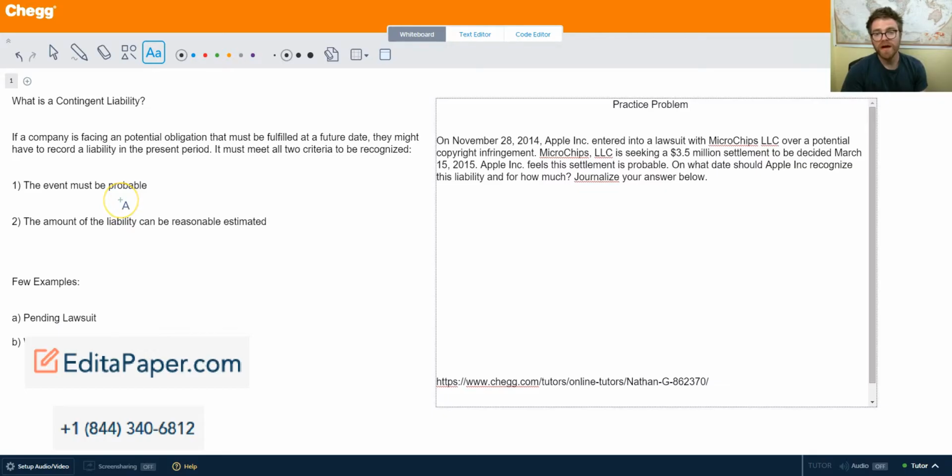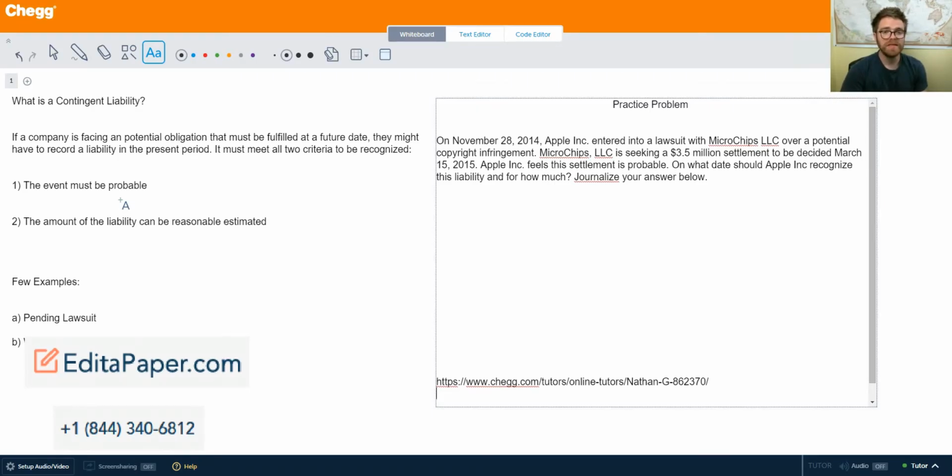Now, if the event is not probable, let's say it's what they call remote, so it's very unlikely to occur, you don't recognize any type of liability. You just go ahead and disclose it in the financial statements. Now sometimes you don't even have to do that. If it's very remote and very unlikely to happen, a lot of times they don't even disclose it.